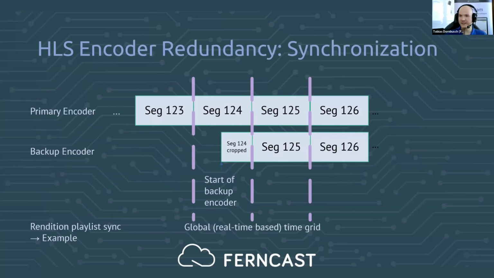Just a quick diagram of how you could imagine a backup scenario looking like with segmentation. So you see, of course, the same segments are being produced by the primary and the backup encoder, and of course synchronized as well.